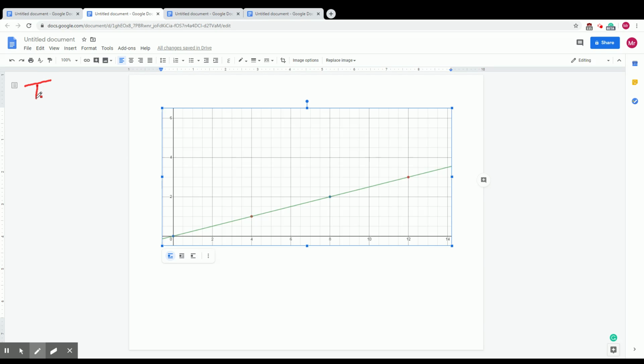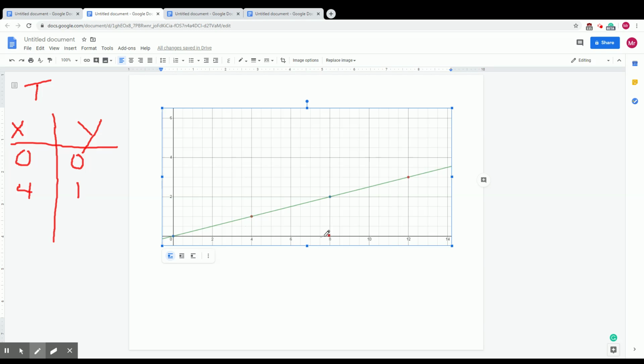Okay, I'm going to put T for table right here. I'm going to put X, line under it, and Y, and then a line going through. Okay, so my first point is 0, 0. X is 0, Y is 0. That's easy enough. Here I go over 4, so my X is 4. I go up by 1, so my Y is 1.